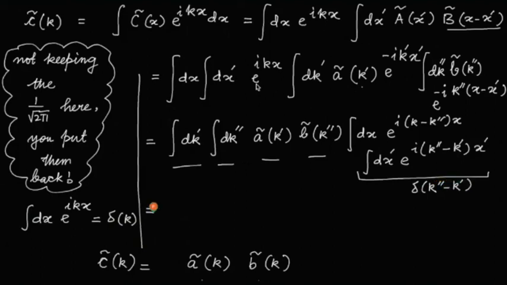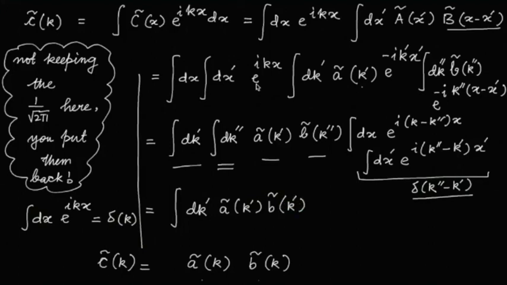Once I have this delta, I can do the k'' integration, and what the delta function does is that wherever there is a k'', it changes it to k'. So if I do two integrations at once here, B tilde k'' becomes B tilde k'.